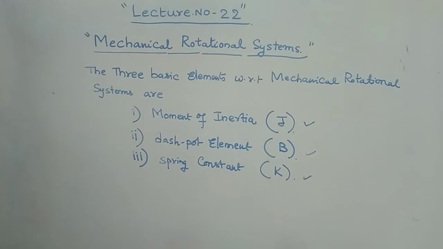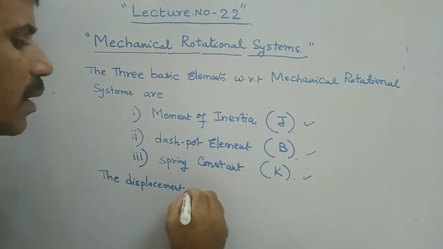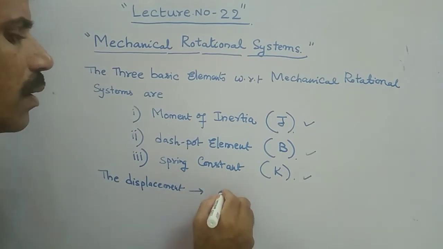Next, in the rotational system, what is the displacement? The displacement is sometimes called the angular displacement, denoted by the letter theta.